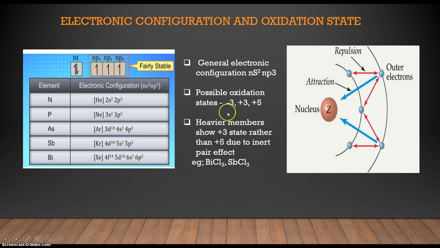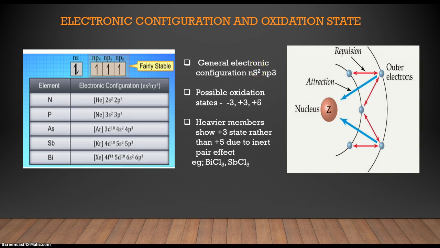Due to this poor screening power, the electrons of the outer shell will be strongly attracted towards the nucleus. The 2 electrons in the s orbital, that is ns2, will be tightly bound with the nucleus of these atoms.